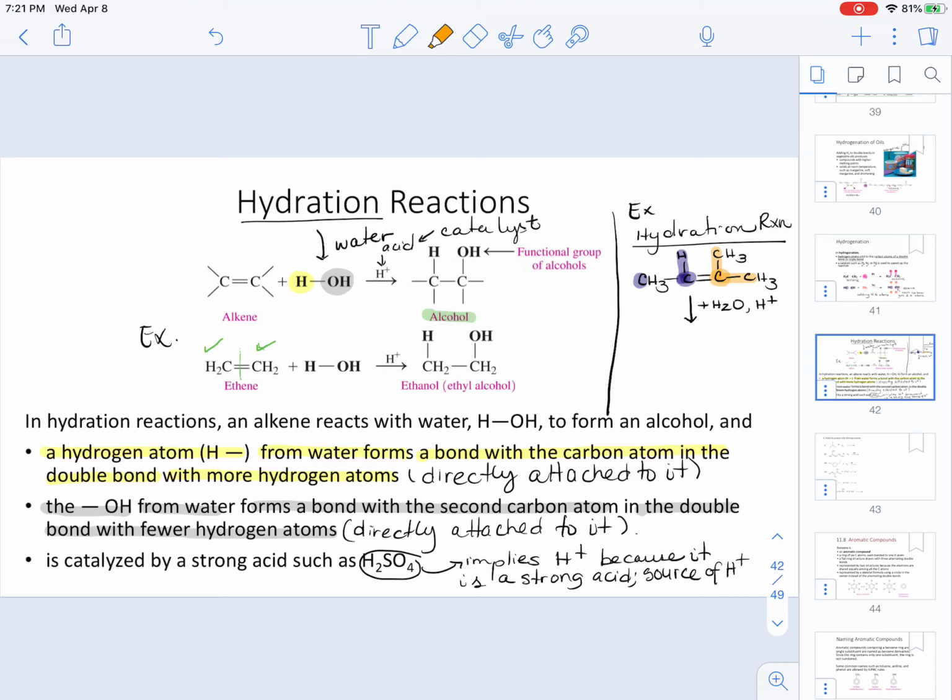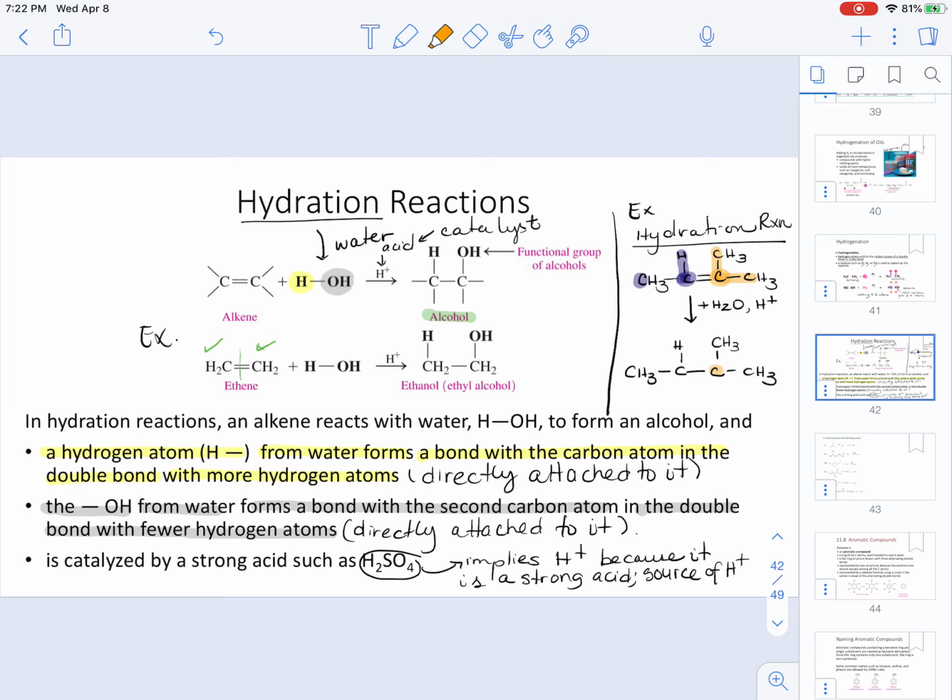So what does this mean? That when we have to write the product of this reaction, it's going to be CH3, C is going to be bonded to H. Now, because in a hydration reaction and also in a hydrogenation reaction, we're going to break the double bond, we're not going to write the double bond. Now we're going to write the atoms that are going to be adding across what used to be double bonded.